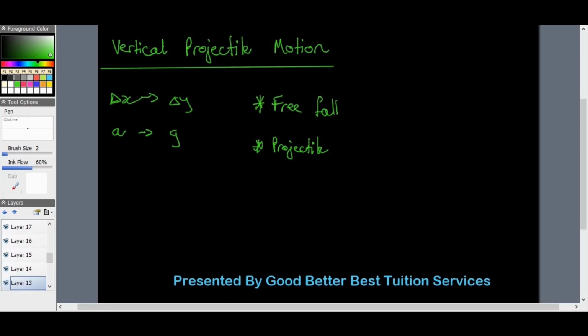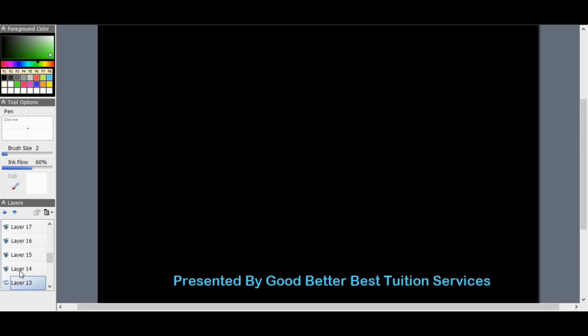Okay. So if you look at a couple of graphic representations of a projectile. Let's say here's a little bit of a cliff type thing, and here's the ground. I drew it green because, you know, nature's cool.